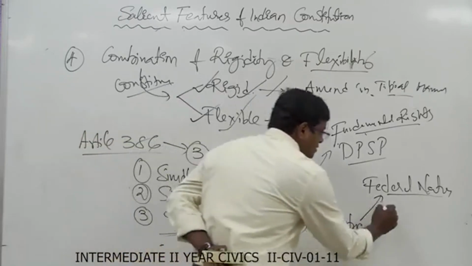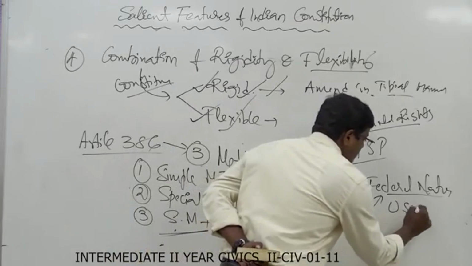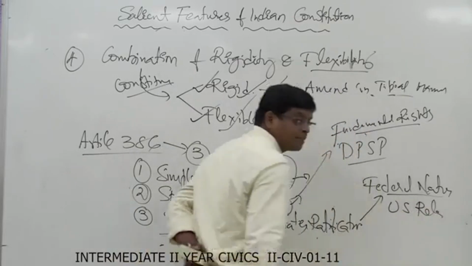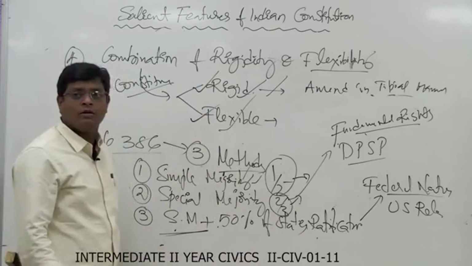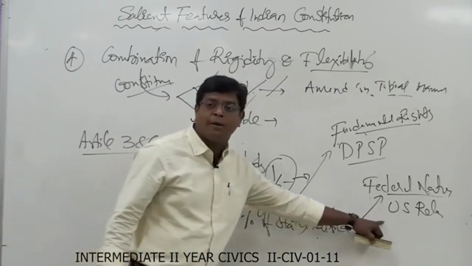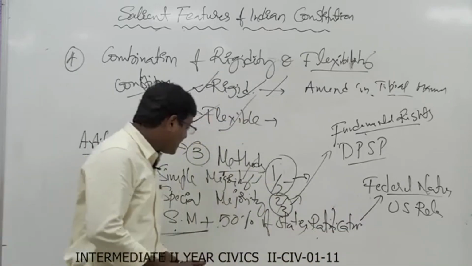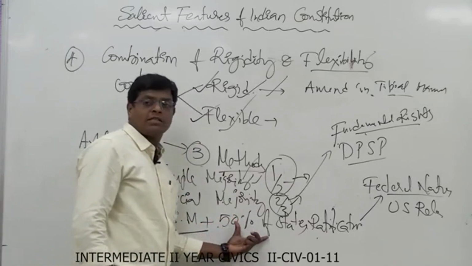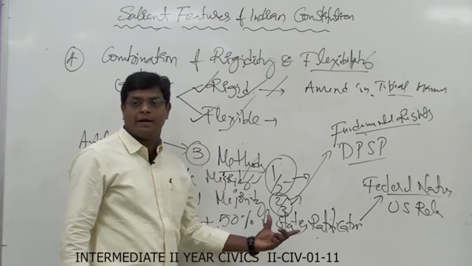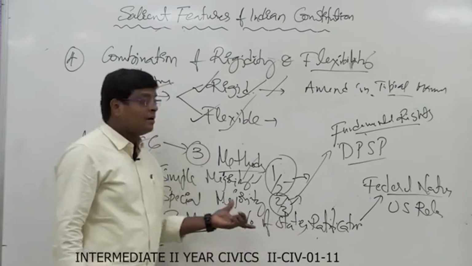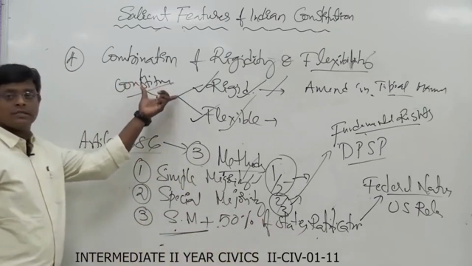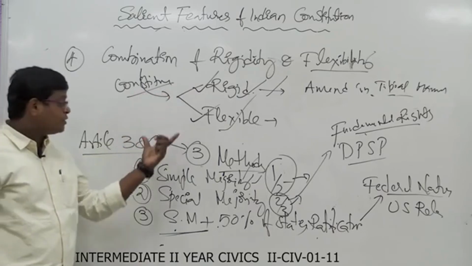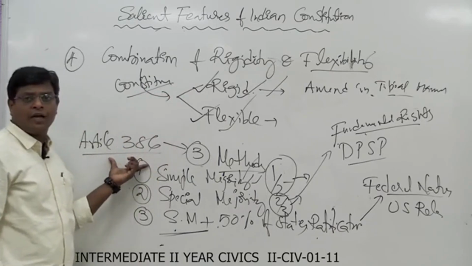For example, Union-State relations, the Supreme Court, and the Union government's powers and functions. These come under special majority along with 50% of the states approving the bill.